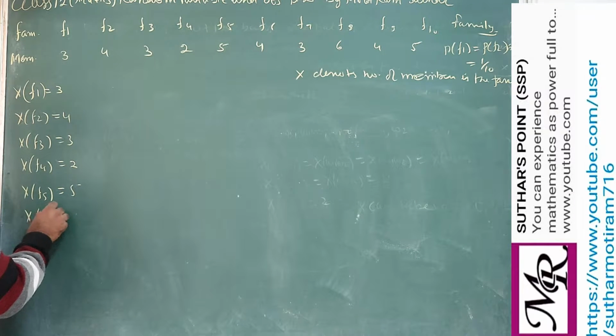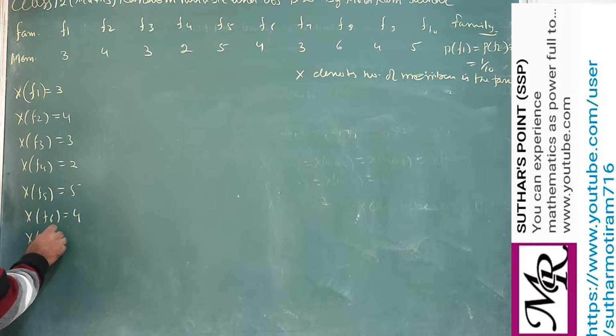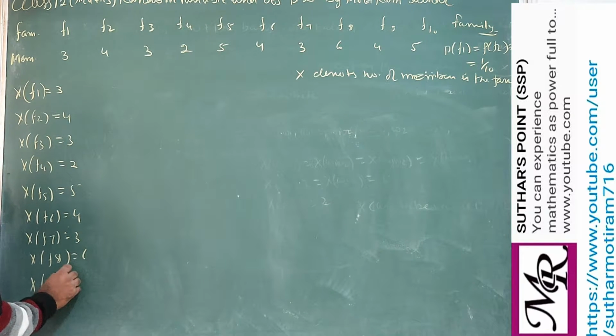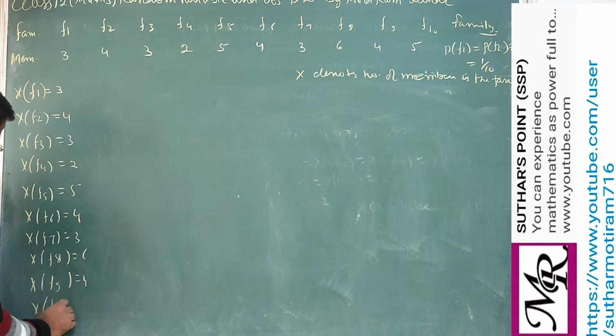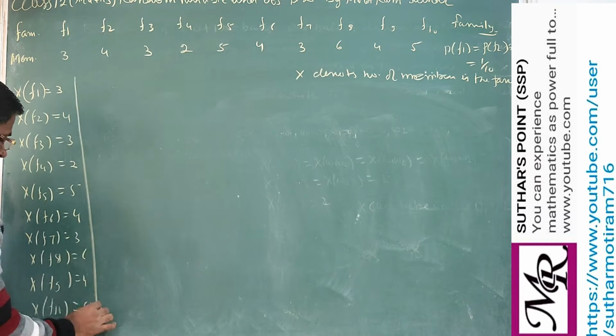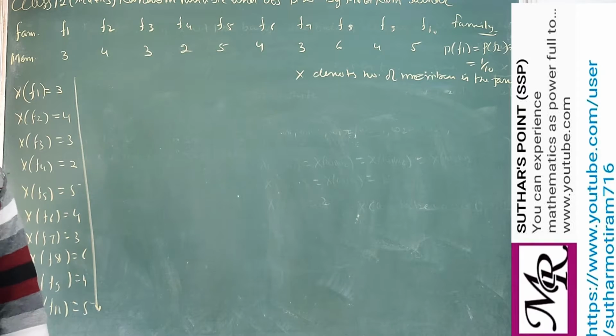X of F6 is 4 members. X of F7 is 3 members. X of F8 is 6. X of F9 is again 4. And X of F10 is 5. In this way we can write the number of members in the family.